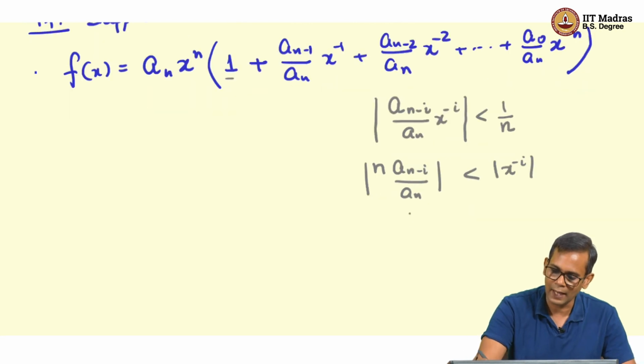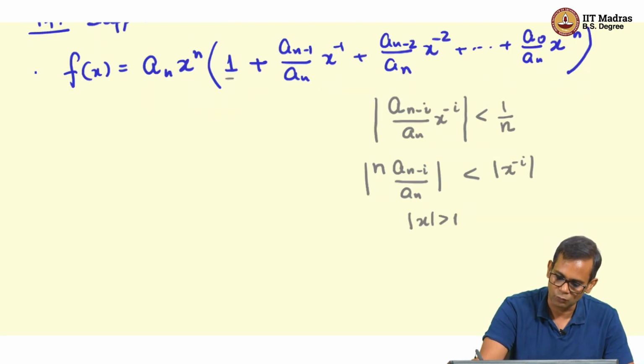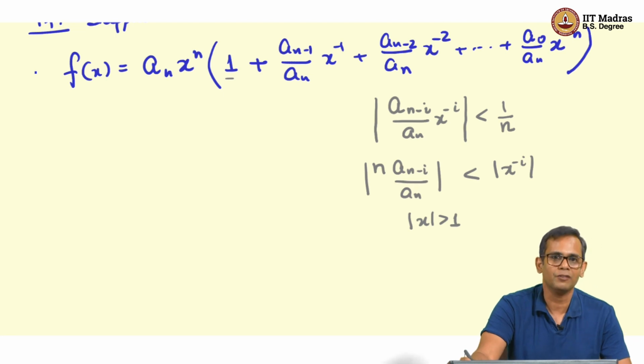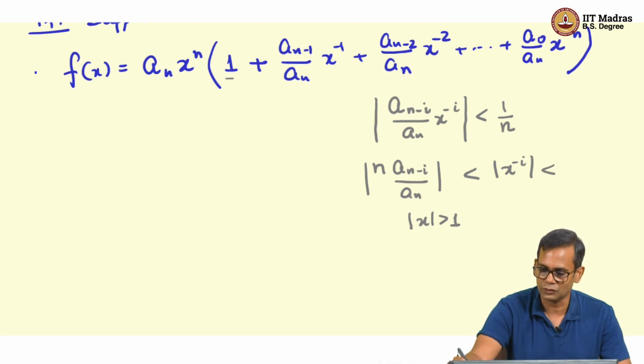So, if I take the absolute value of x to be greater than 1, then the absolute value of x to the minus i will be strictly less than the absolute value of x.